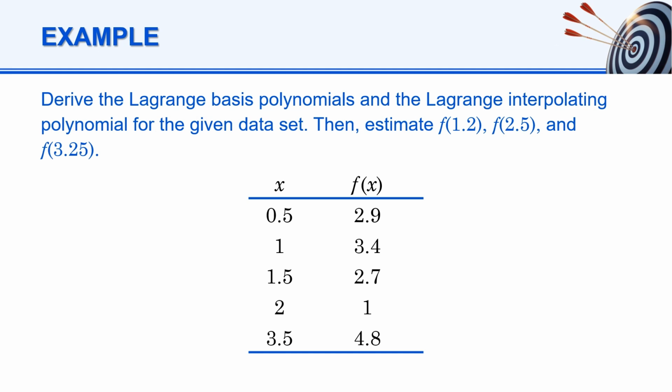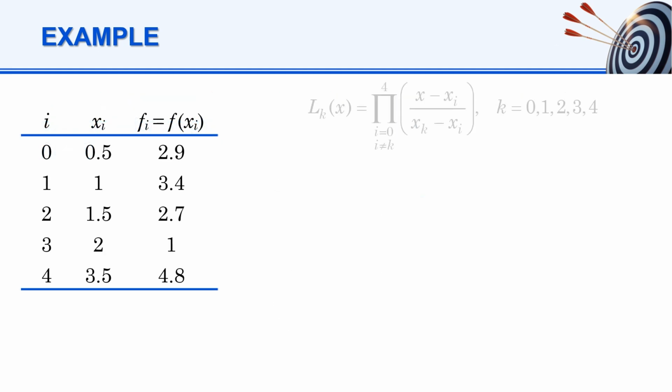In the following example, we are asked to derive the Lagrange basis polynomials and the Lagrange interpolating polynomial for the given dataset, and then estimate f(1.2), f(2.5), and f(3.25). We construct the Lagrange basis polynomials according to the following expression.